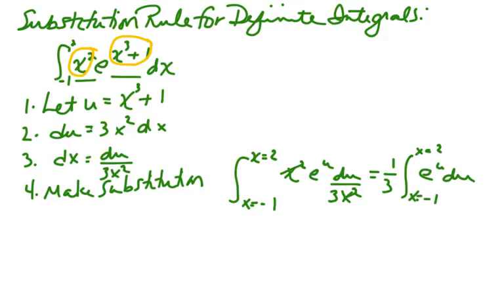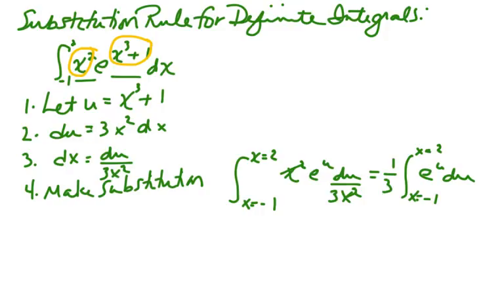A mix being the upper and lower limits are in terms of x, and the rest of the integrand is in terms of u. So there's two basic approaches. We can change the limits of integration, or we can continue the way we were, back substitute and then evaluate. So I'm going to show you the first method, and that is to change the integration limits to be in terms of u.